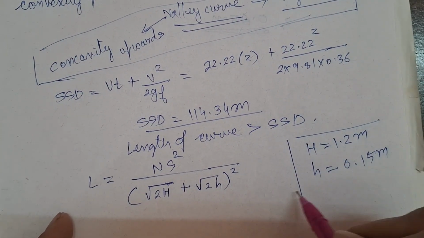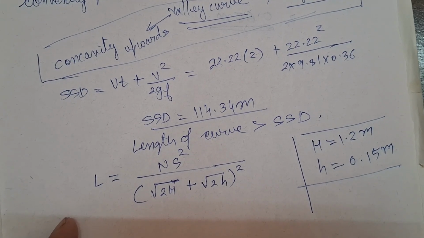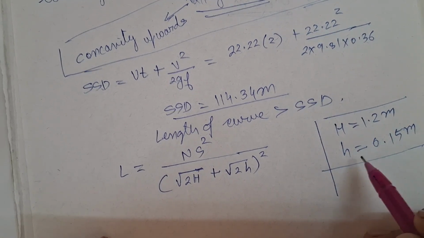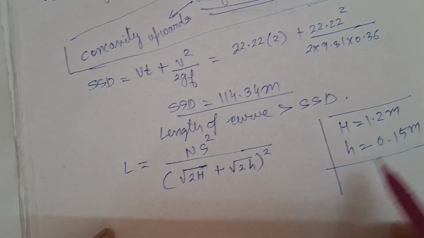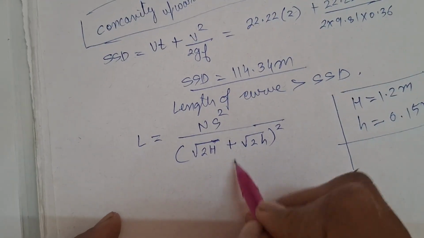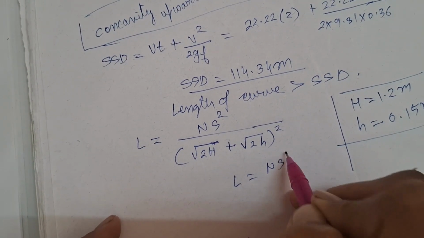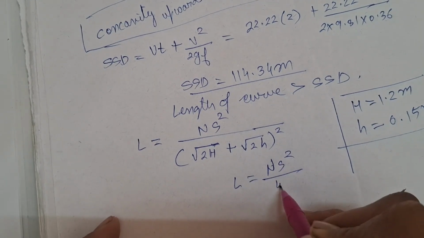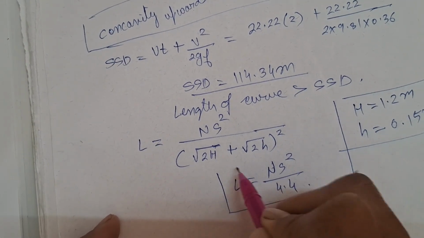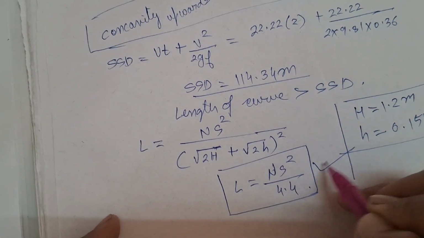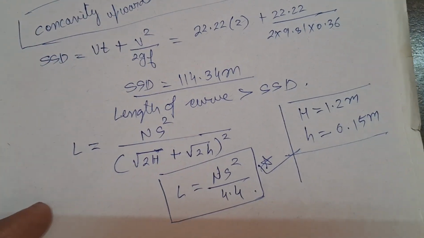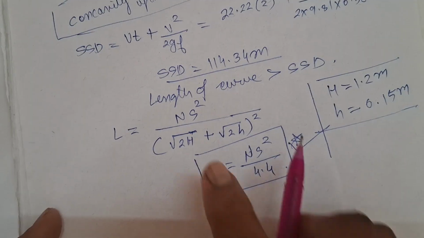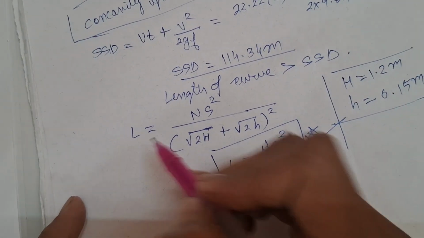In that case this formula reduces to L is equal to NS square divided by 4.4. You can remember this, as many times they ask it in different exams. But at present they have given the values, so we will apply this formula.